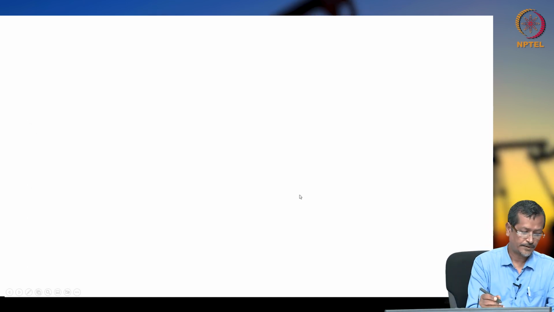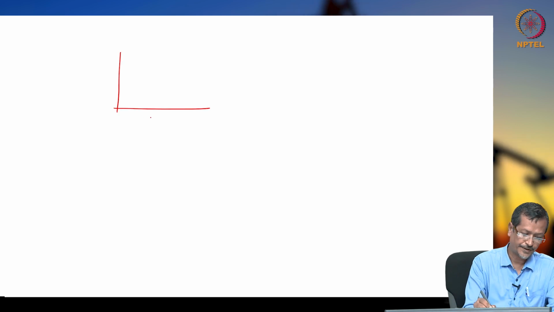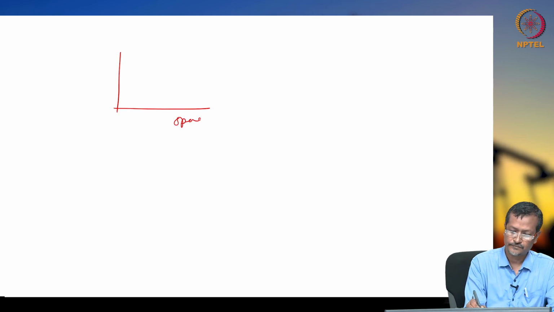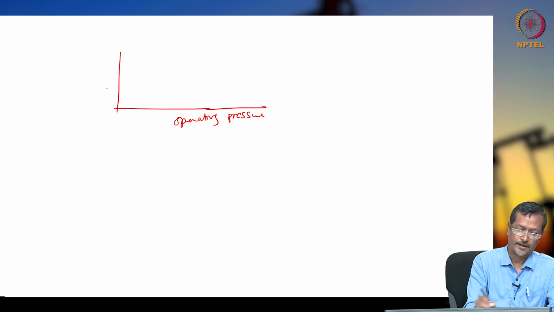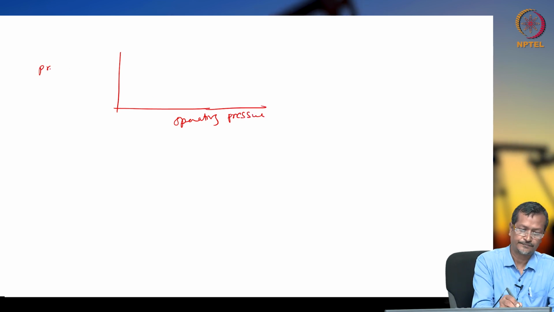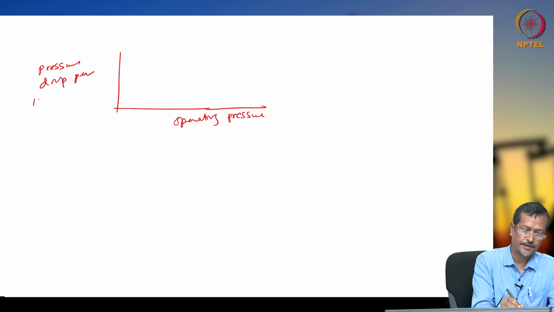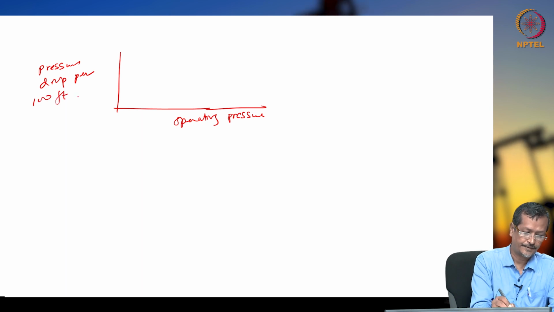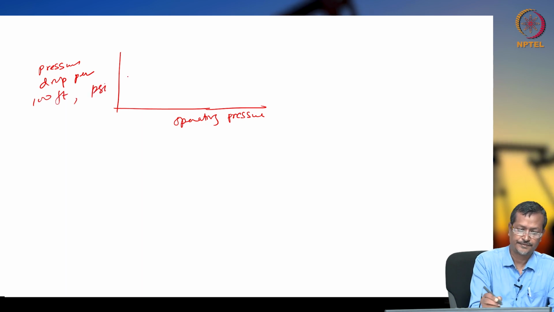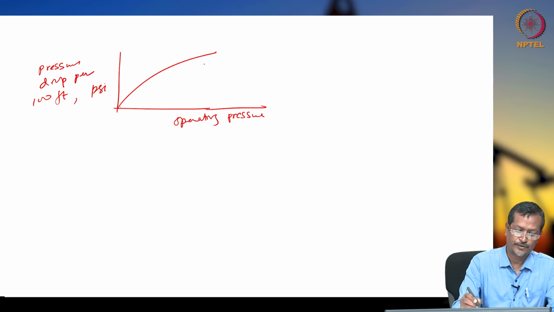So, pressure drop: there is one figure, operating pressure versus pressure drop per 100 feet, in psi. The curve looks like this.